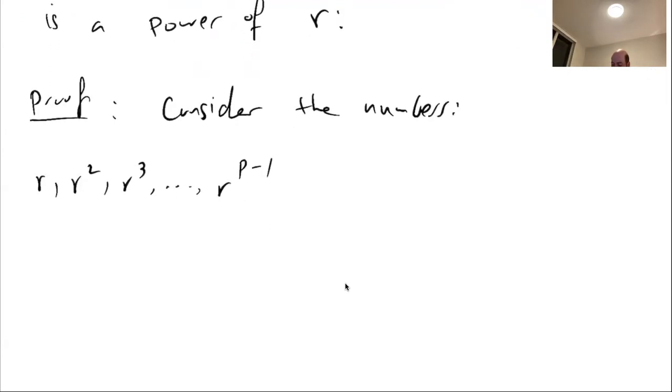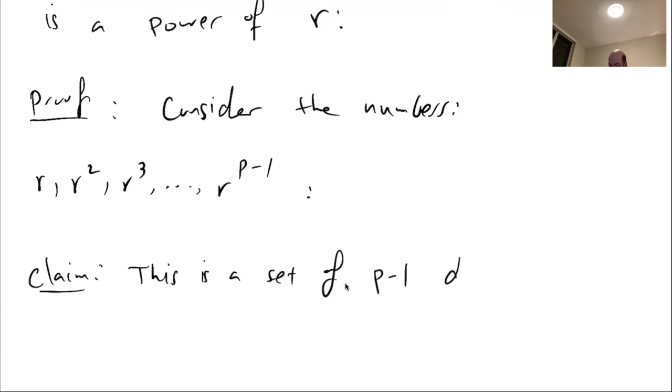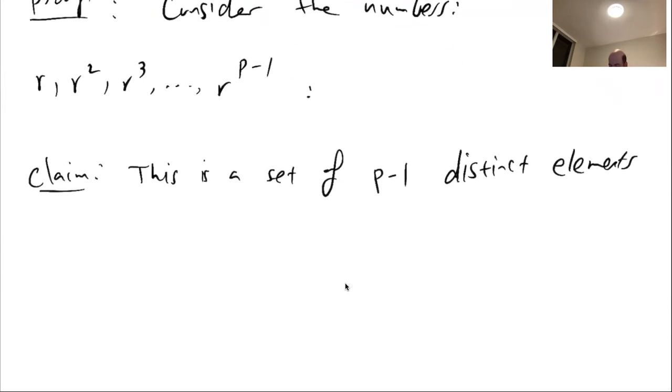So claim: this is a set of p minus 1 distinct elements in ZP.